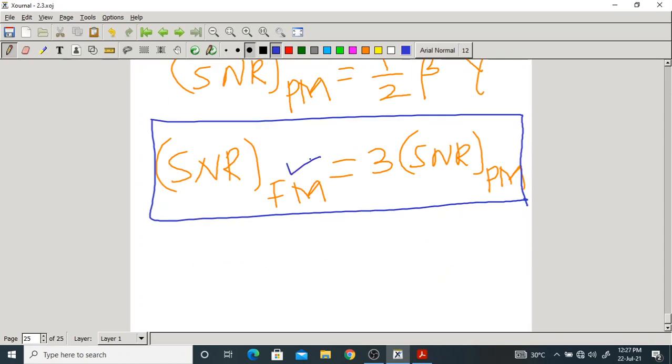FM is superior, because it has more SNR. If SNR is more, the quality of the output will be better. That's why SNR of FM is 3 times SNR of PM, which means FM is superior to PM by 3 times.